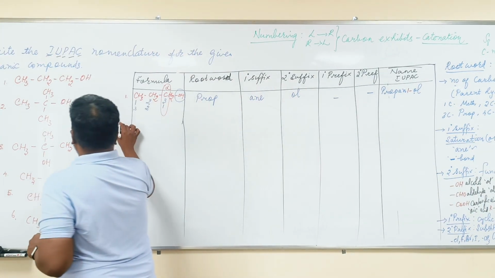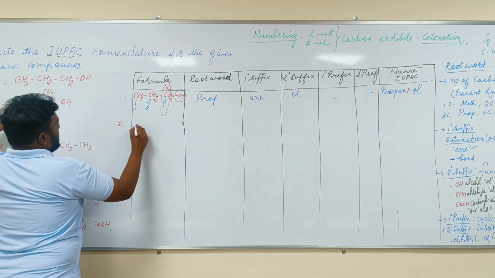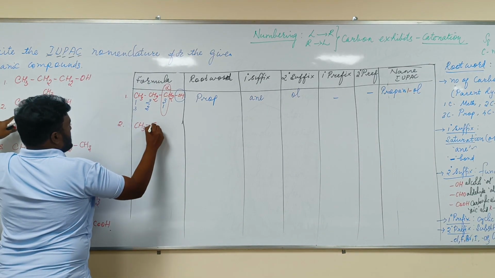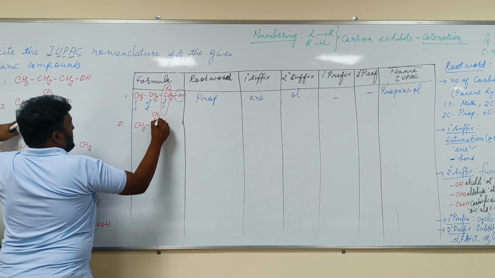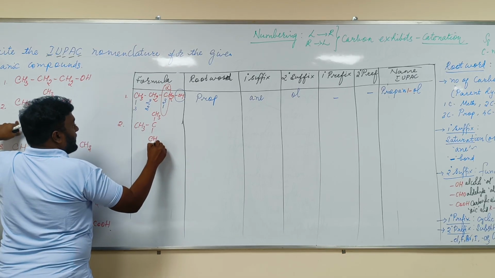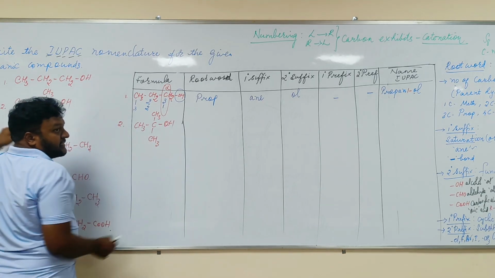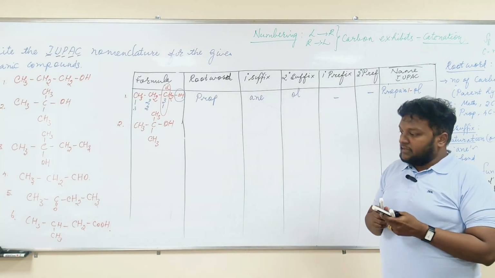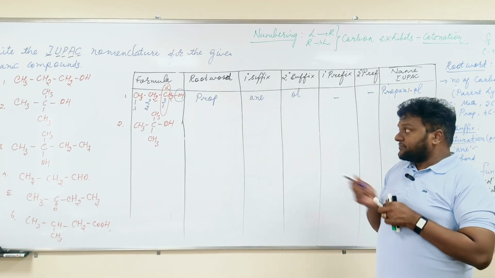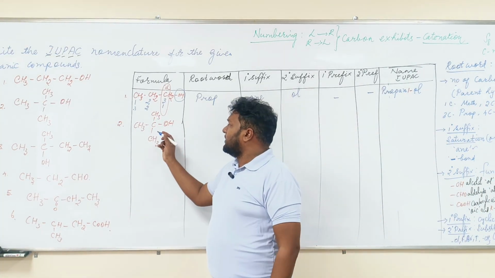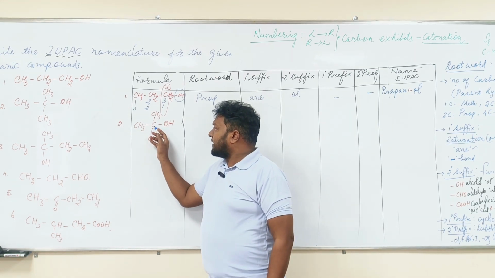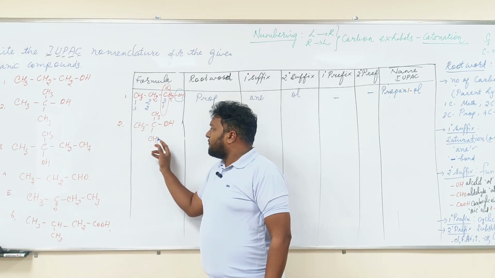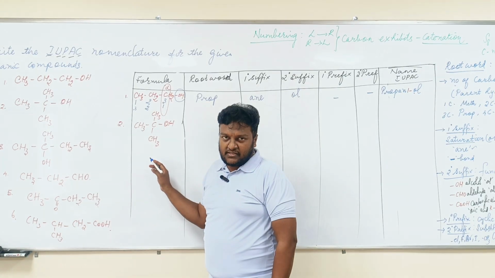What is the second example I have written? See, CH3, C, CH3, CH3, OH. This is the next compound I have written, isn't it? Now, see, we have to write the root word. In this compound, the center carbon has four side branches, on all sides.